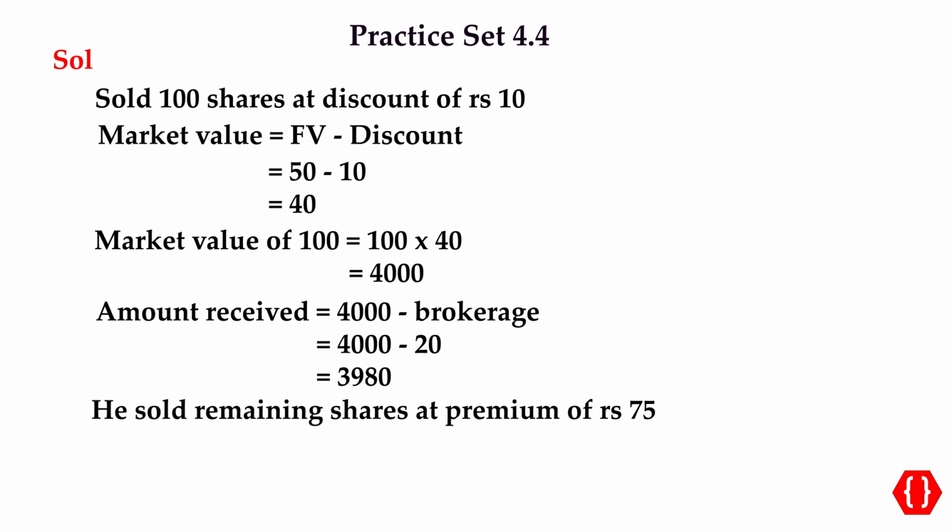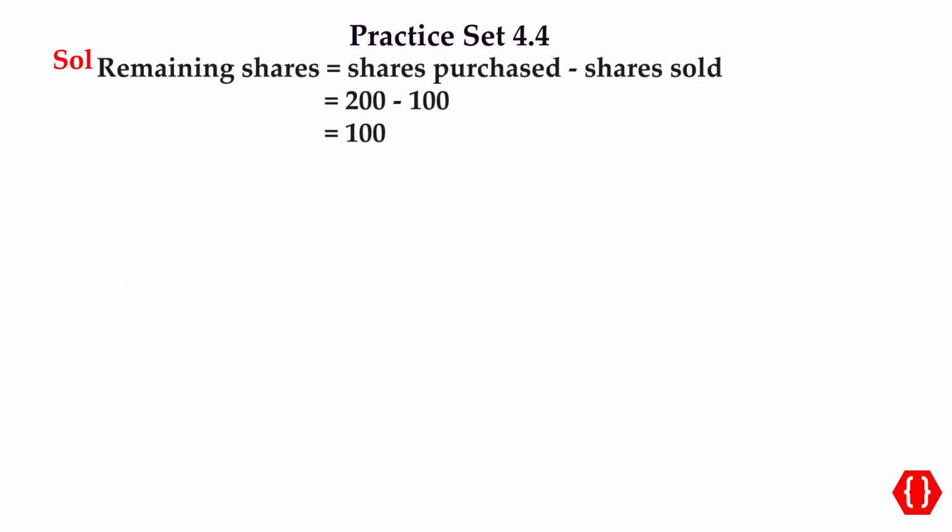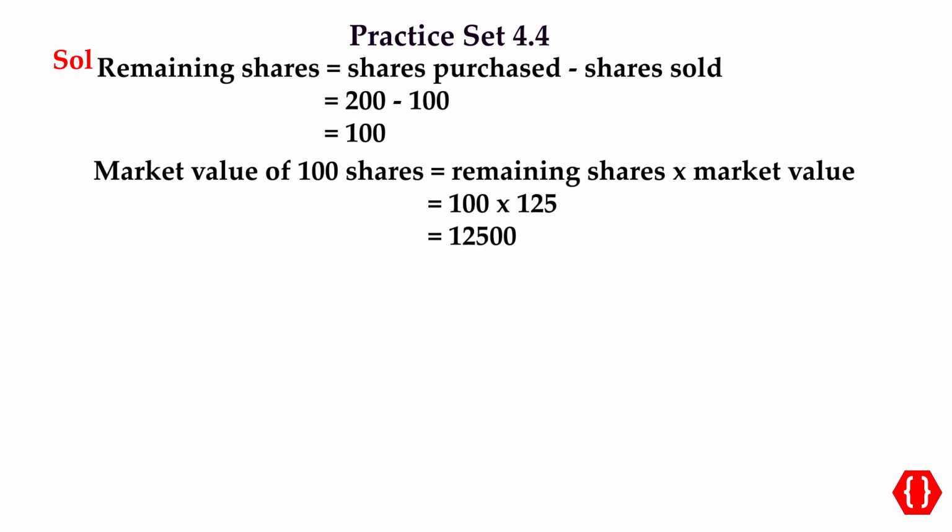D'Souza sold the remaining shares at a premium of rupees 75. So the market value will be face value plus premium, that is 50 plus 75 equals 125. Remaining shares will be shares purchased minus shares sold, that is 200 minus 100 equals 100. The market value of 100 shares will be 100 multiplied by 125, so we will get 12,500.